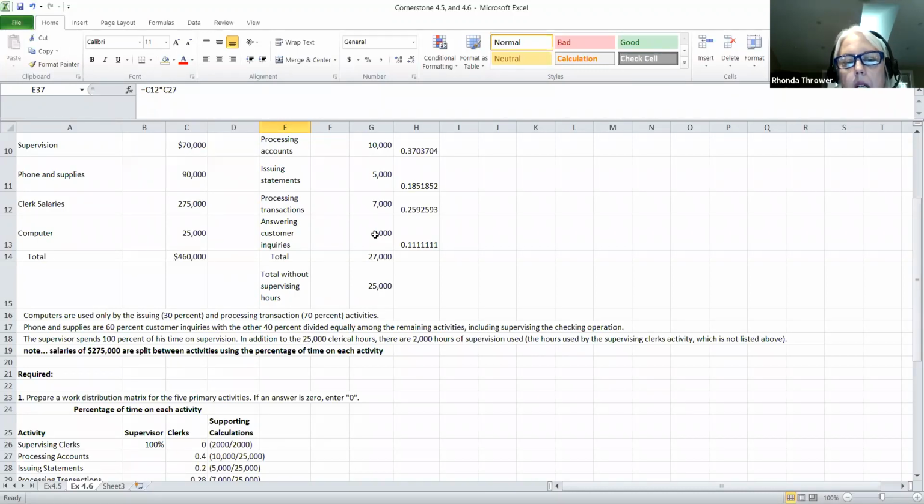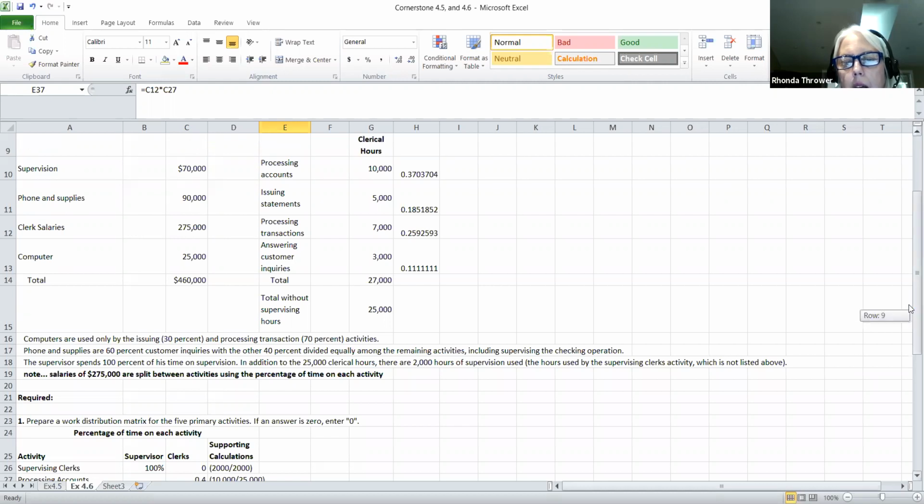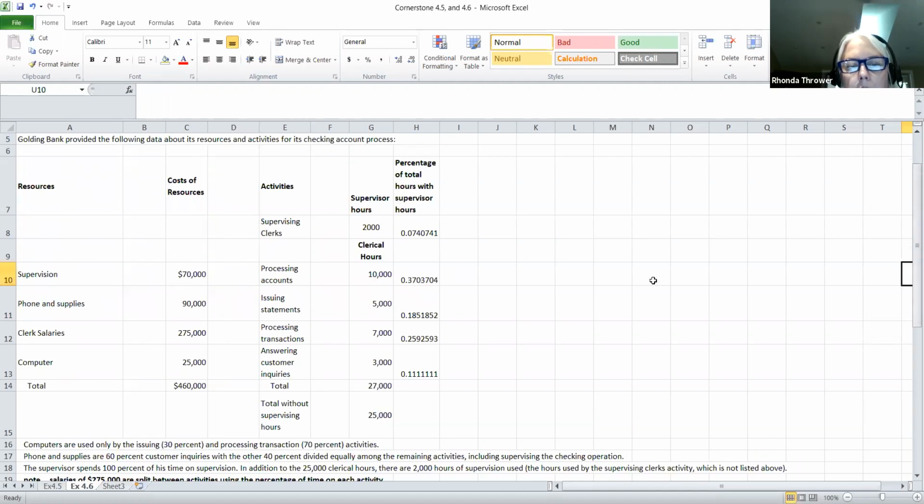But here they're telling you to include 2,000 of supervisor hours. That's why I added this little bit in here, so you know that this 2,000 hours should be added to the clerical hours to get the total hours.